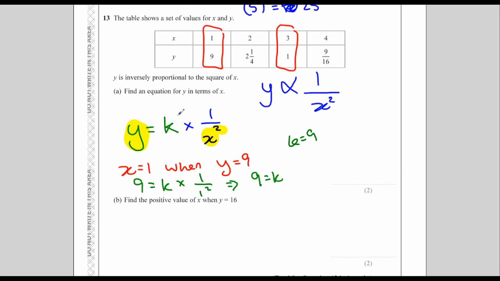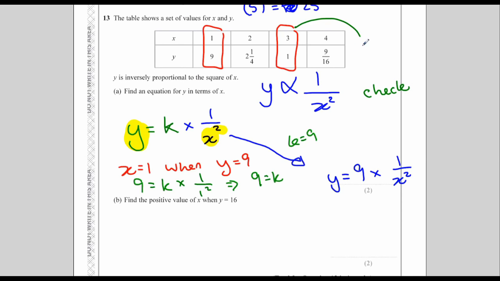So from this equation, y equals 9 times 1 over x squared. If you want to be doubly sure, let's do a check using these numbers. So, does 1 equal 9 times 1 over 3 squared? Yes, it does, because 1 over 3 squared is 1 over 9, times 9 is 1.